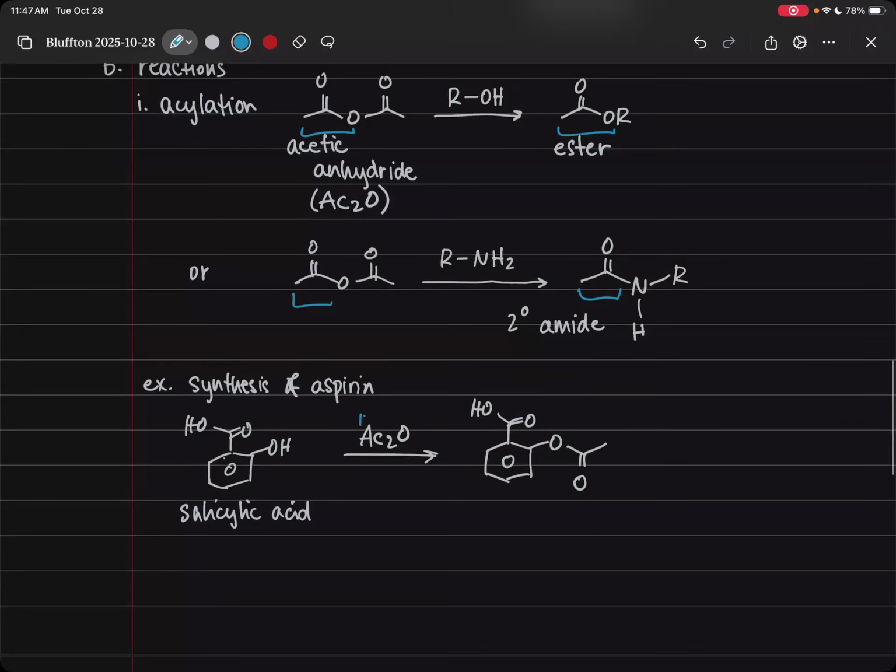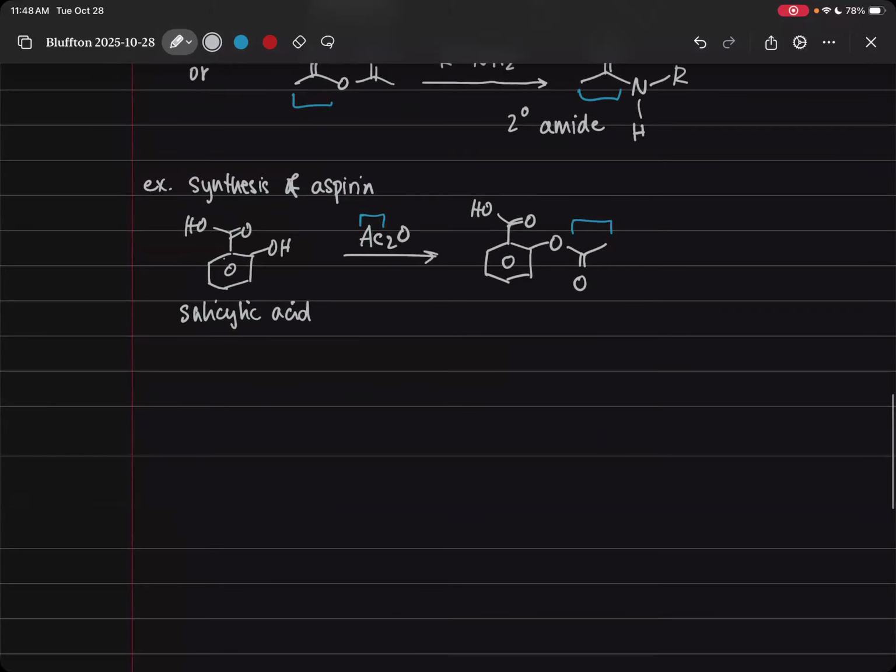So half of the acetic anhydride molecule ends up on the alcohol. Of course, you could also look at it from the other direction. You could say, okay, if we start with acetic anhydride and we add salicylic acid to it, this is going to end up looking just like the example.